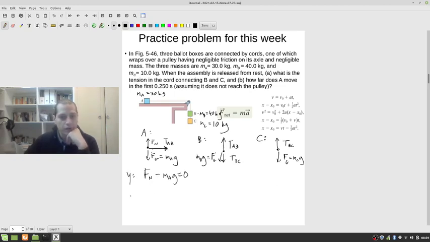That's your y direction. The equation in the x direction is going to be... maybe I should write this in a more consistent way. What we're writing down is F equals ma. So the F in this case in the y direction is Fn minus mg.